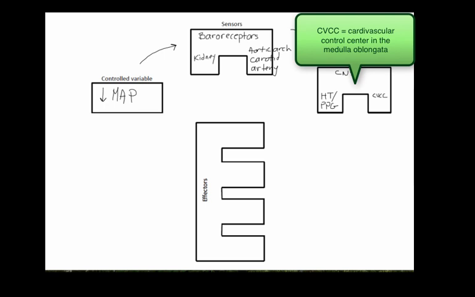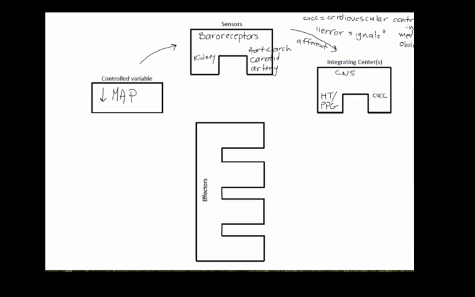Okay, so we've integrated that information, and then we're going to have some efferent output to send messages to our effector tissues, which are going to act on cells and tissues that will bring our MAP back up again. So before we put in our signals, let's put what our effector tissues are. So we have vascular, circular, smooth muscle of our blood vessels.